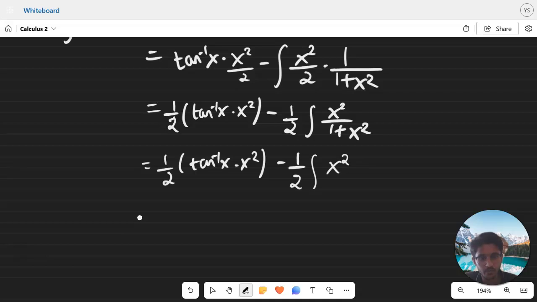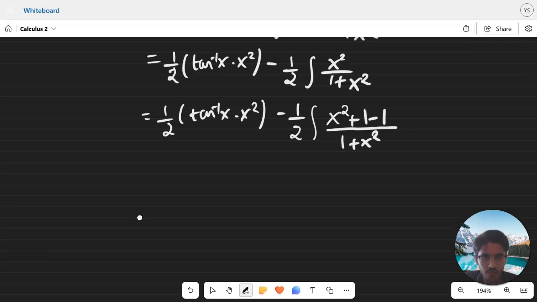What we're going to do is add 1 on the top and subtract 1, with 1 plus x squared on the bottom. We're adding 1 and subtracting 1, so that gives us 0. That makes sense, right?